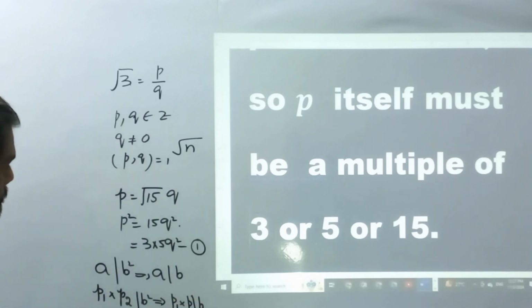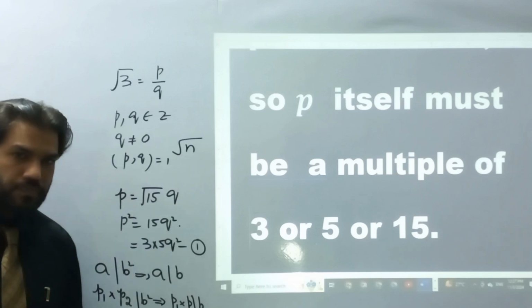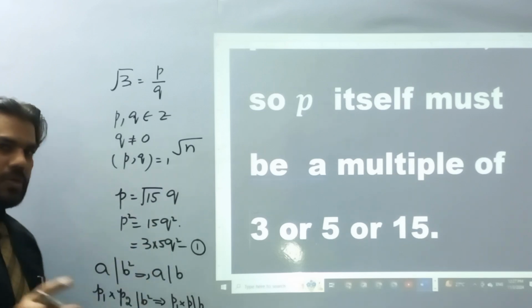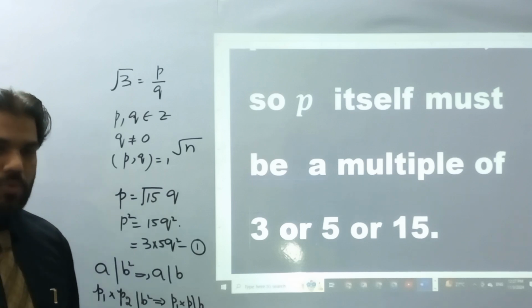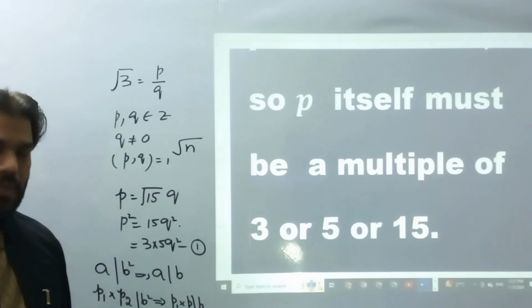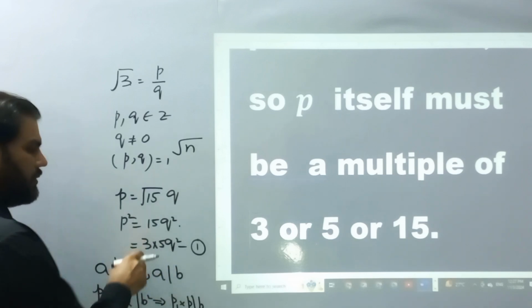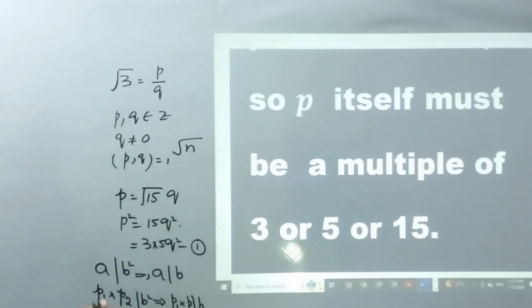Here 15, although a composite number, is actually a product of distinct primes, meaning there is no prime with some power, like in the case of 12. 12 is actually 3 into 4, that is 3 into 2 square. So this is another case that we will discuss in the next case.